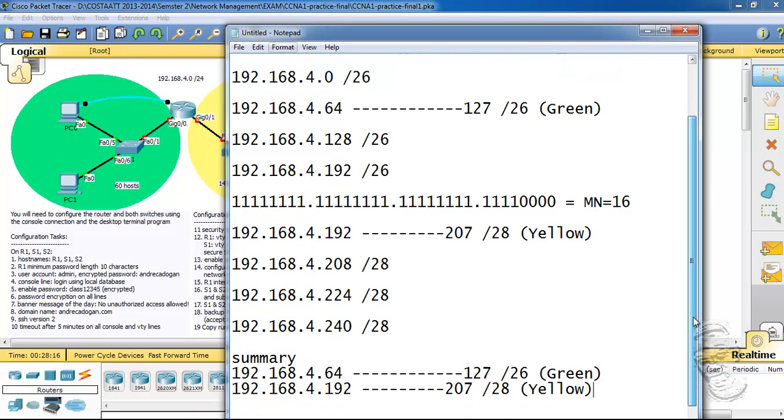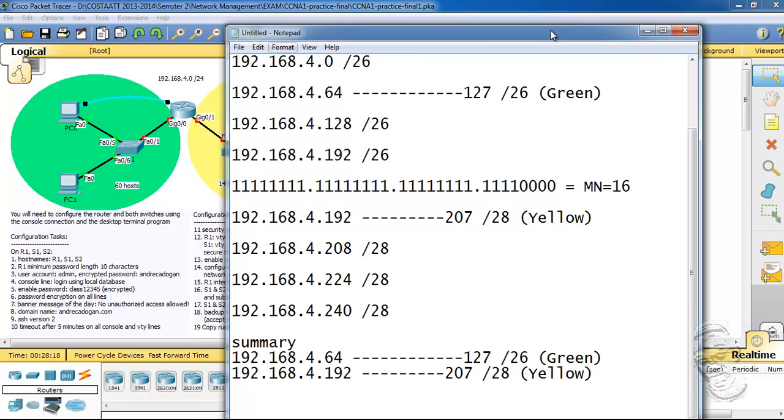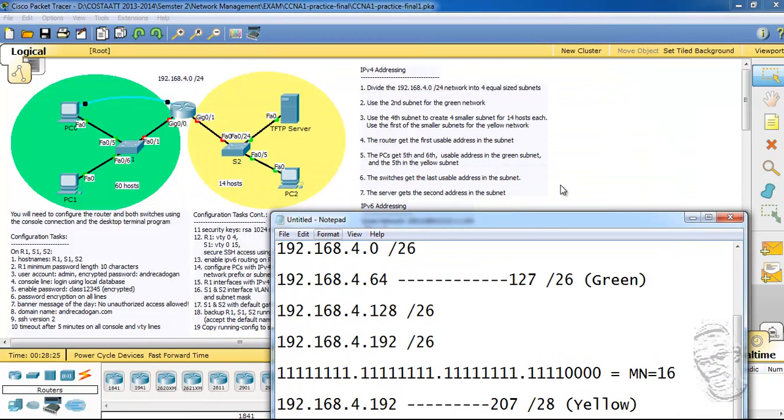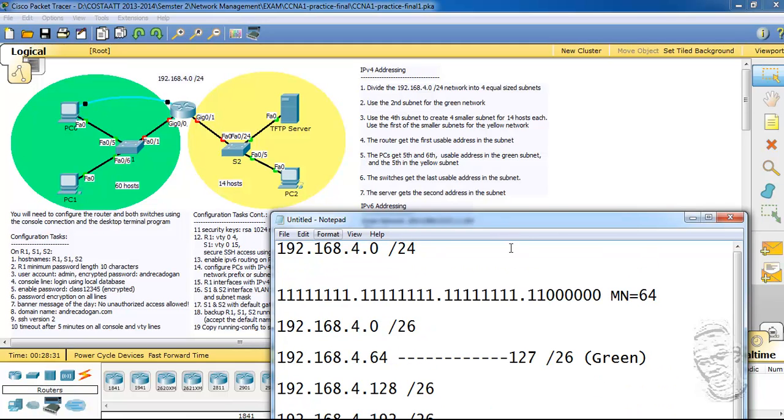So we have completed the first task of subnetting the IP address that was given to us, 192.168.4.0. Several questions were asked.